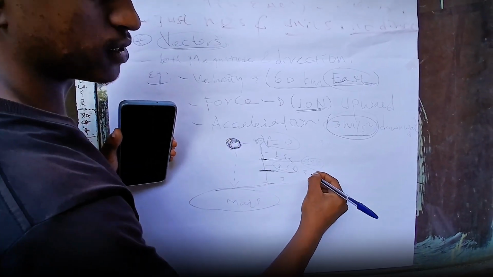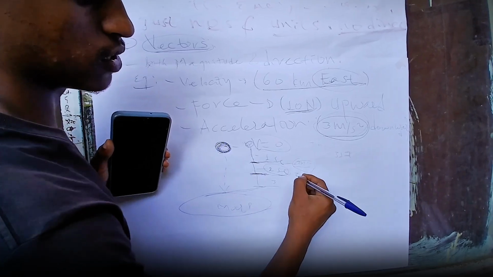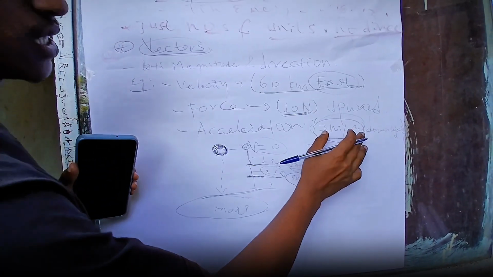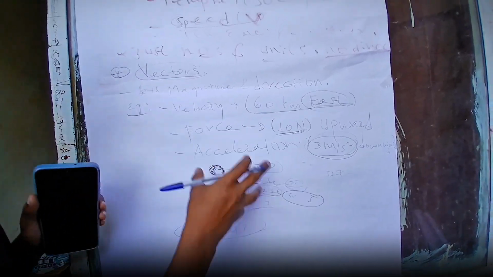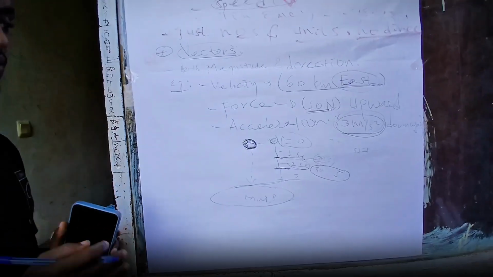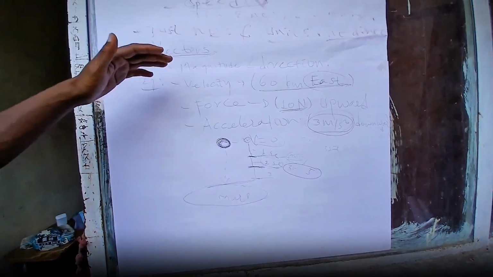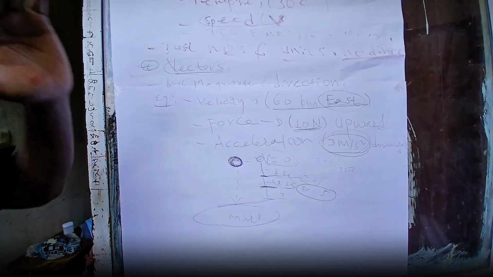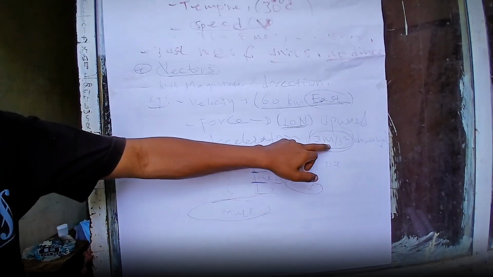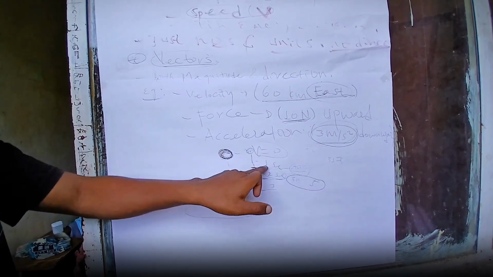When we add 3 plus 3, it becomes 6. So here the speed will be 6 meters per second. What does acceleration mean? Acceleration is the change in velocity with respect to time. 3 meters per second squared downward means that in every second, 3 meters per second is added to the initial velocity.